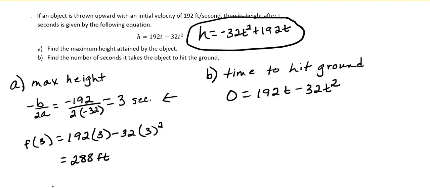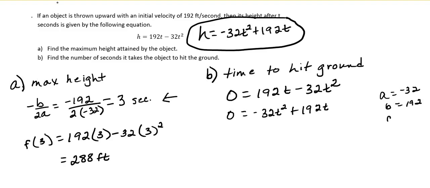And there's a couple of things that you can do. One thing that you can do to solve this equation is to use the quadratic formula. You would first of all need to rewrite this to where the squared term is first, and then use the quadratic formula where A is -32, B is 192, and C is 0.